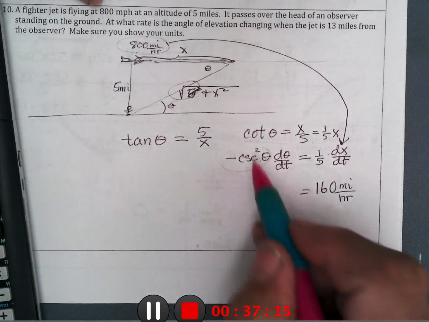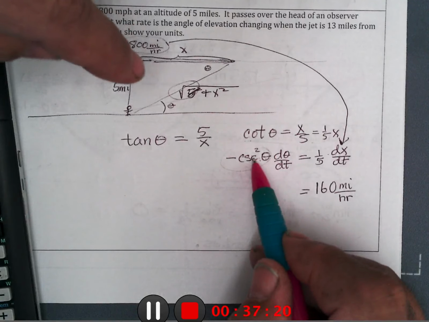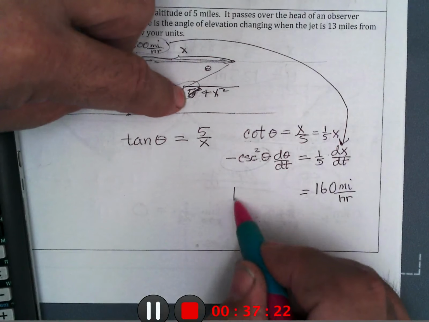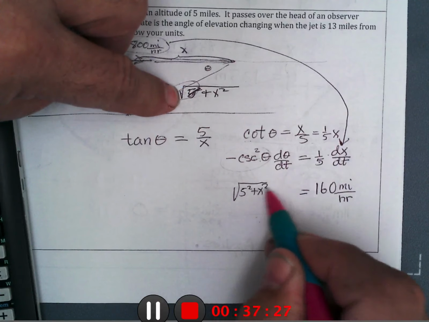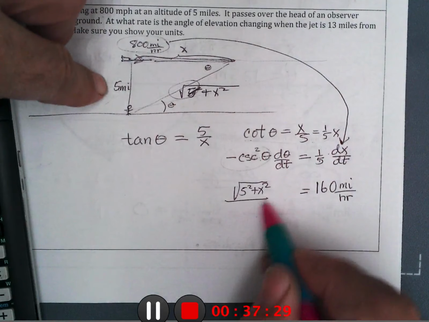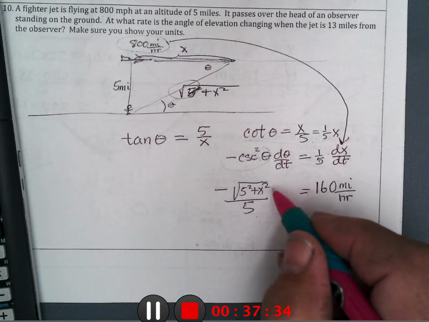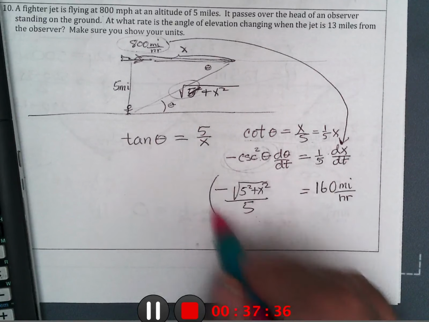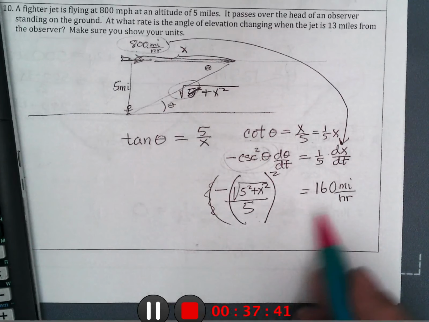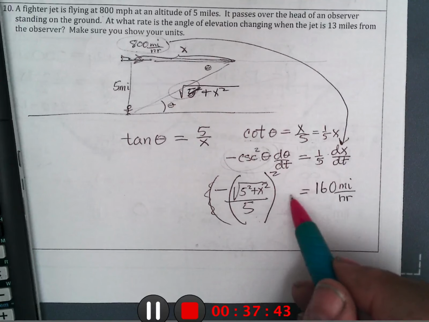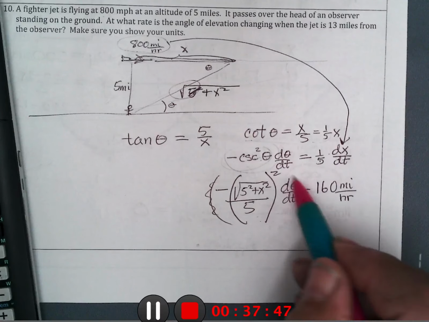And so the cosecant is 1 over the sine, so it would be the square root of 5 squared plus x squared, over 5, and we've got a minus, and the cosecant part's got to be squared, not the negative. So I'm going to get this times d theta/dt, which is what I'm trying to find, how fast the angle is changing.